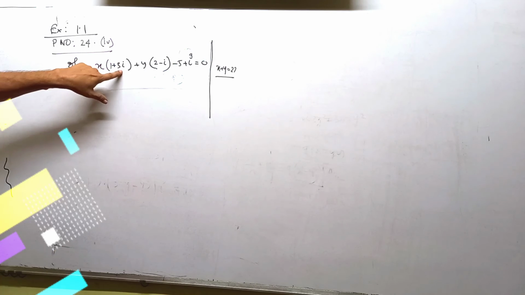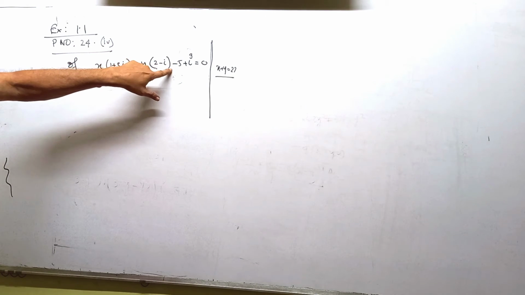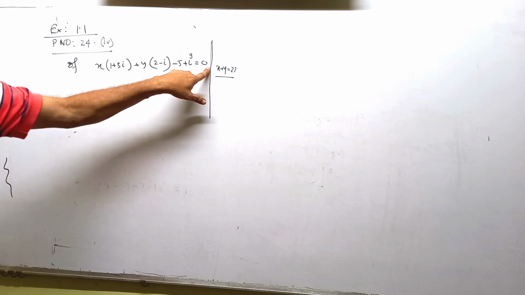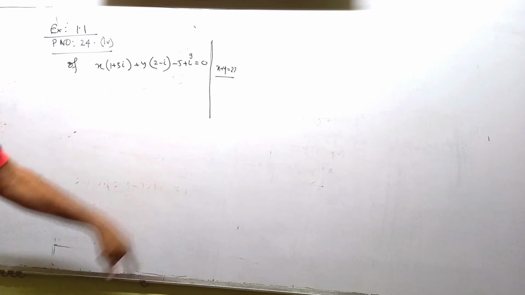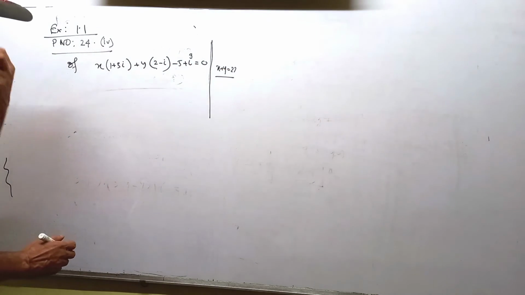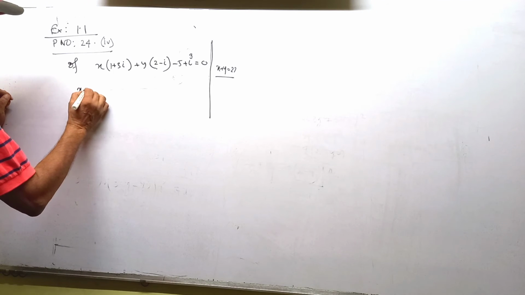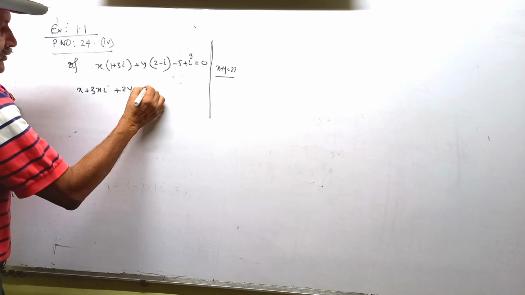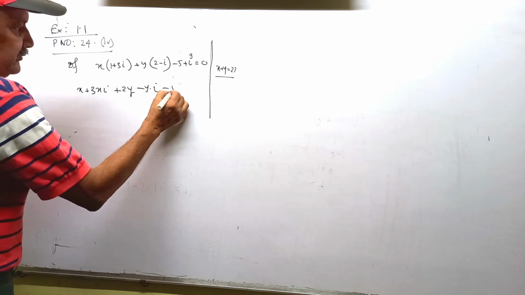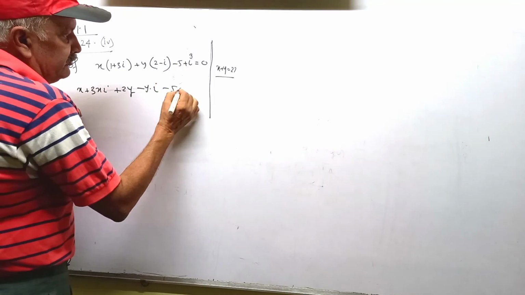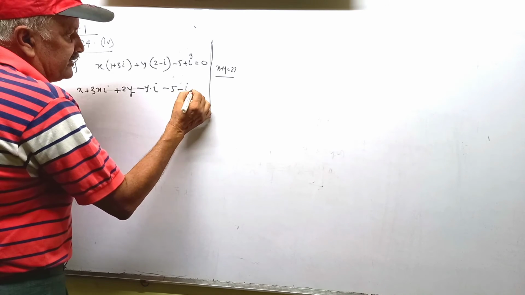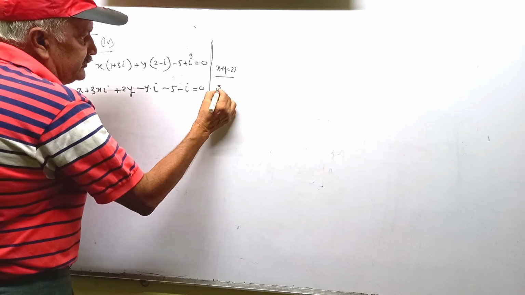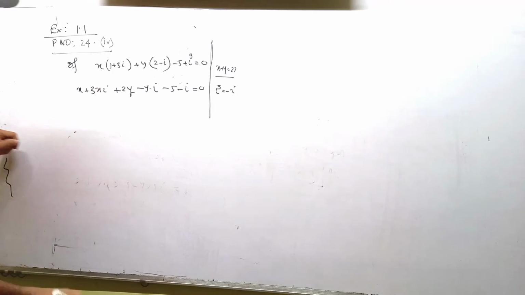x plus (1 plus 3i) y, 2 minus i, minus 5 plus i cube equal to 0. x plus y equal to what? Now x plus 3xi plus 2y minus y into i minus 5 plus i cube, where i cube equal to minus i.